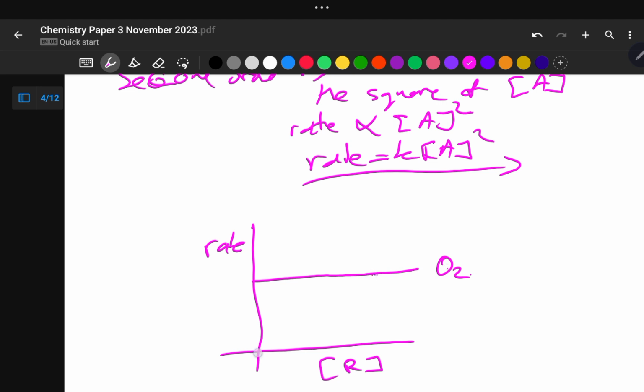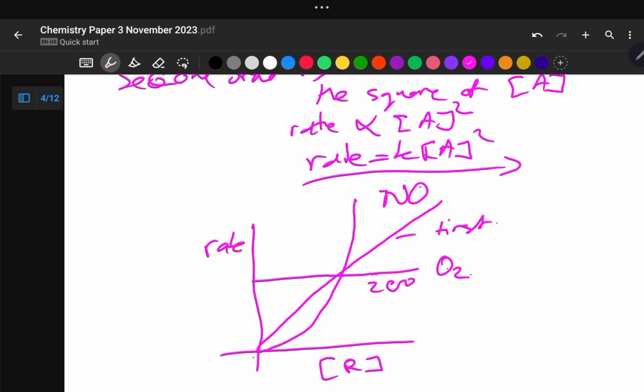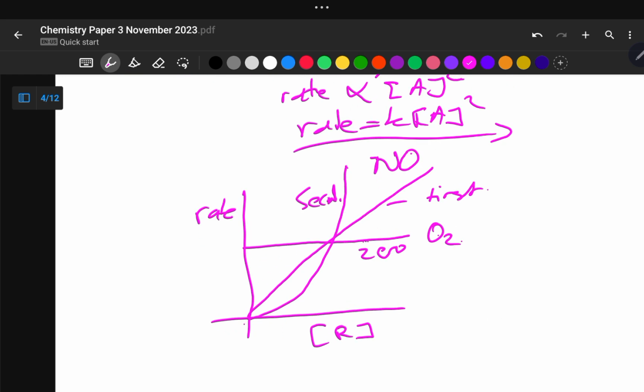And then this one is for second order, which is nitrogen monoxide. And then for first order, it is directly proportional. So this one is first order, this one is zero, and this one is second, right? So you should take note of these sketches.